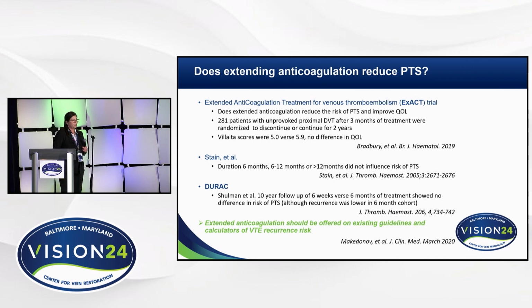Stain then compared 6 months of anticoagulation, 6 to 12 months, or greater than 12 months, and said that also did not influence the risk of post-thrombotic syndrome. Schulman then followed patients that were treated with 6 months and 6 weeks and compared those out 10 years and found that the recurrence rate was higher if they were treated for shorter courses, but the post-thrombotic risk was not. And so they concluded then that anticoagulation should not be used for the sole purpose of reducing the risk of post-thrombotic syndrome.